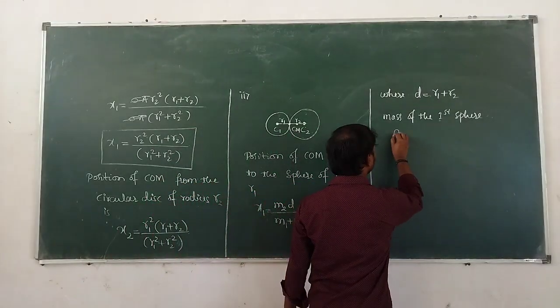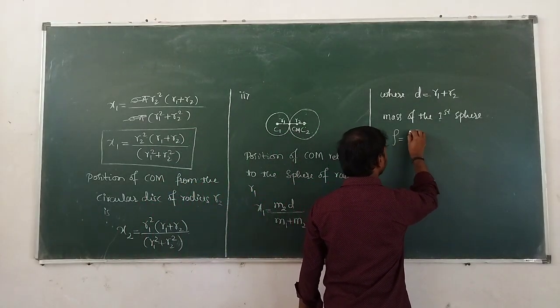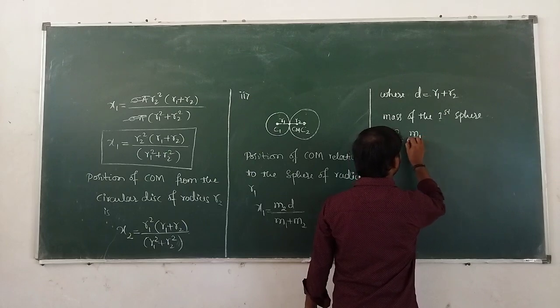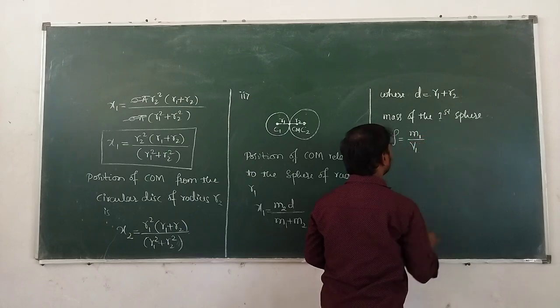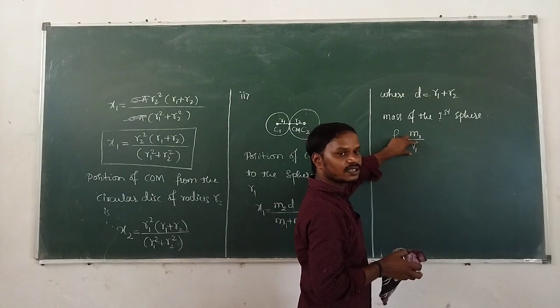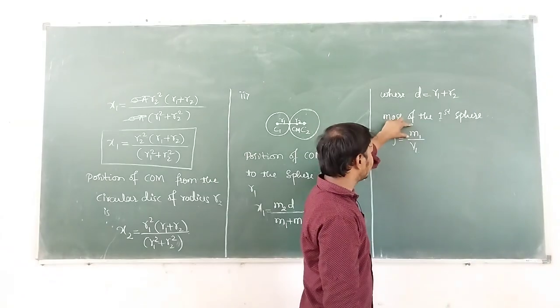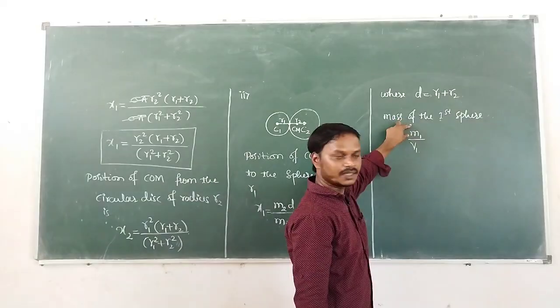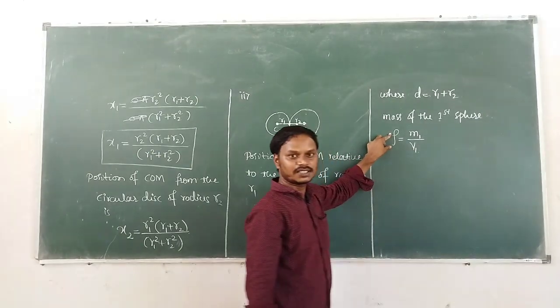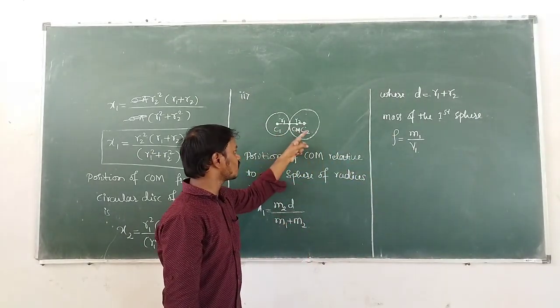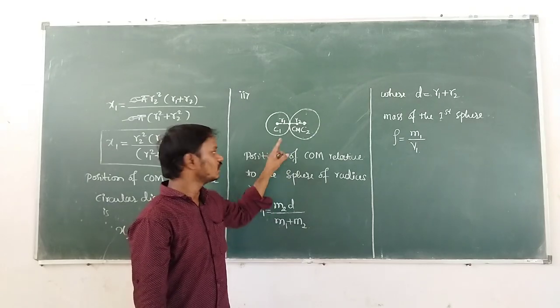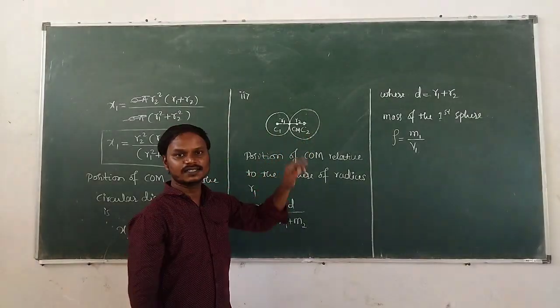What is volume mass density? Rho is equal to mass per volume, so m1 by v1. So what is v1? v1 is nothing but the volume of the first sphere. m1 is the mass of the first sphere, and rho is the density of the first sphere, and both spheres are of the same material, so the density is the same.